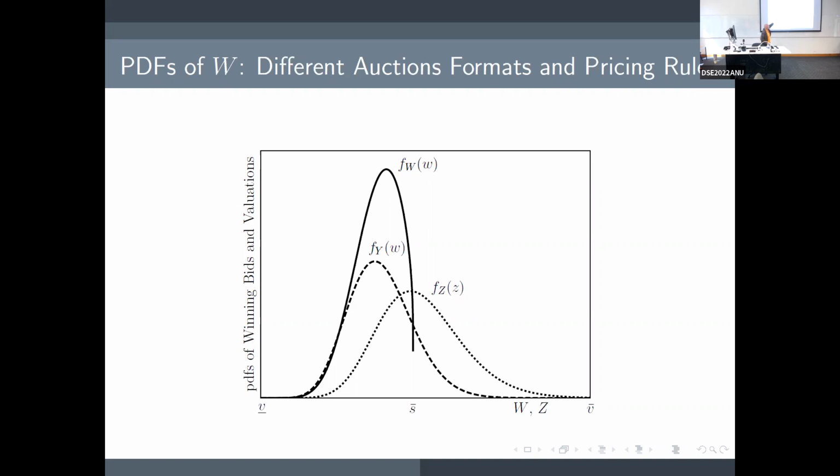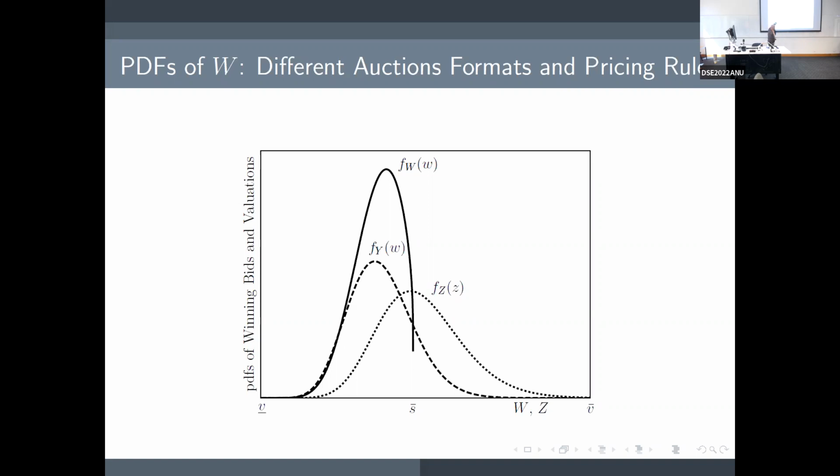Whereas at sealed bid auctions or Dutch auctions, they end at S bar. They just stop there. There's nothing beyond that. And what's going to be handy for empirical work is that the density is strictly positive at the boundary.